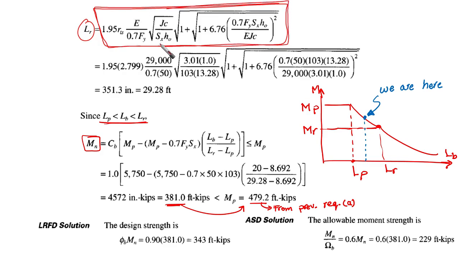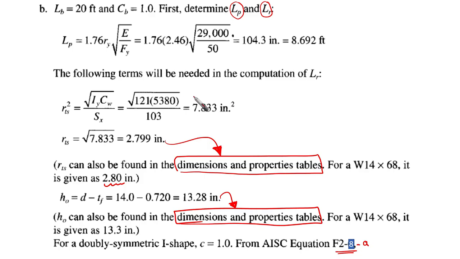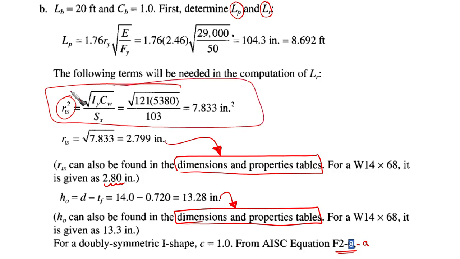Every single parameter is given for you in a very long equation, as you can see. I'm only going to highlight the important thing, r_ts. Instead of calculating, r_ts can also be found in the dimensions and properties table, so no need to calculate this part. We're going to find it for our shape. It is going to be 2.8.